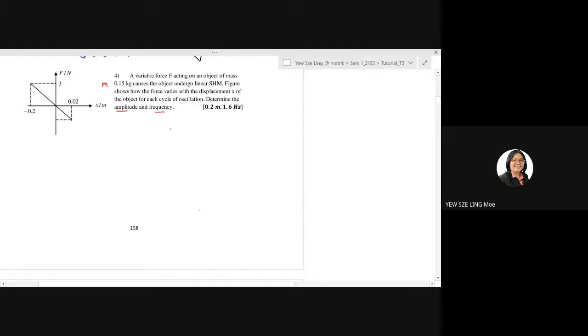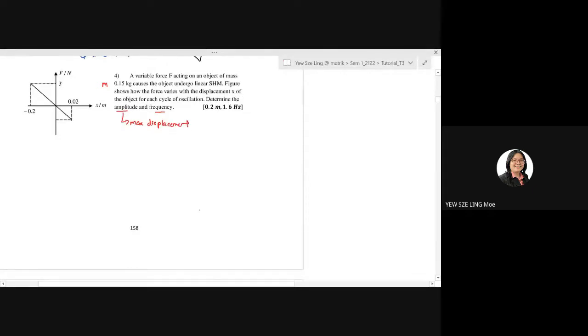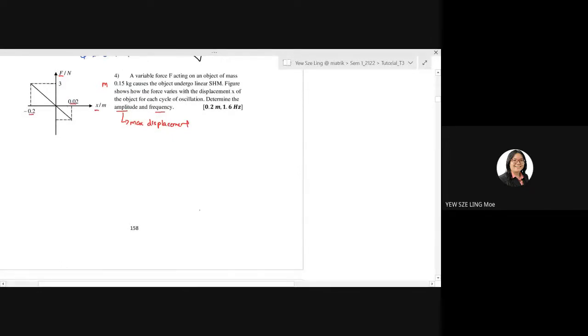Let us determine the amplitude first. What does amplitude mean? Amplitude means maximum displacement. The graph gives you F against x, force against displacement, so the x-axis is displacement. On the positive x-axis you have the value 0.02, and on the negative x-axis you have the value 0.2. Which one is larger?